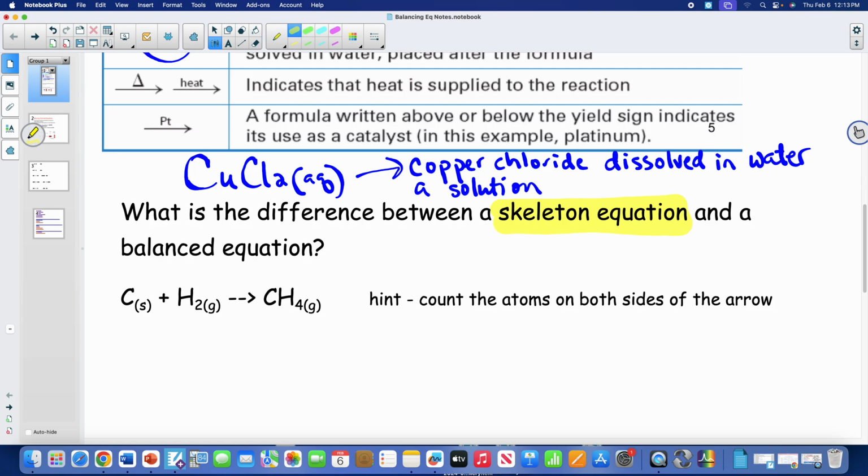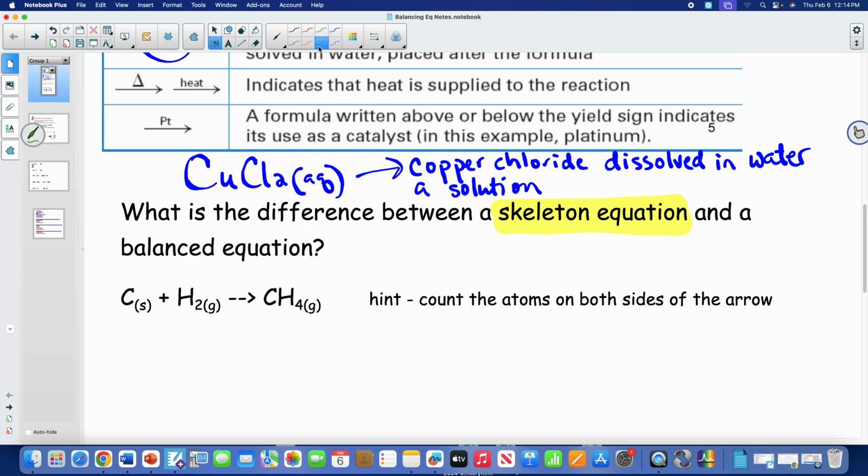Okay, so a skeleton equation is an equation that doesn't have the same amount of atoms of each element on both sides. So skeleton is not yet balanced. Okay, and the way to tell is to count your atoms of each element on both sides.